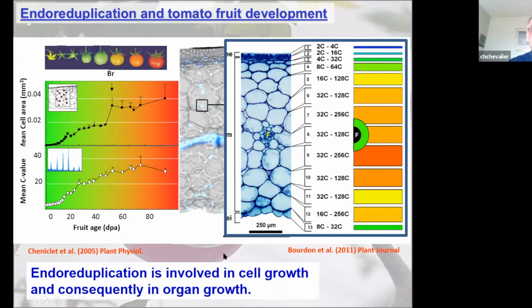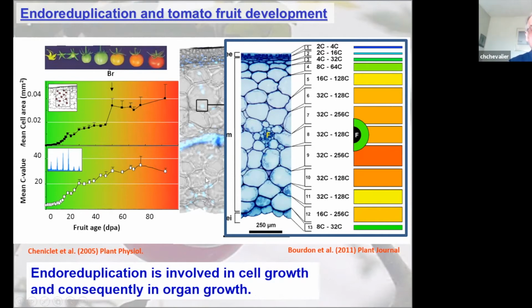So the idea here is that endoreduplication is really involved in cell growth. It's a DNA-dependent growth for cells, and consequently, having more cells of bigger size will have a consequence on the size of the fruit. And so endoreduplication has a consequence on the determination of the organ growth.